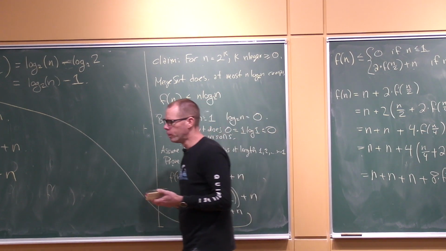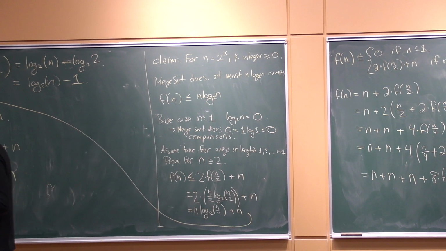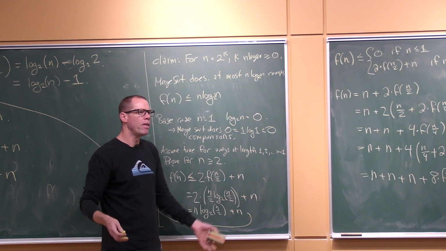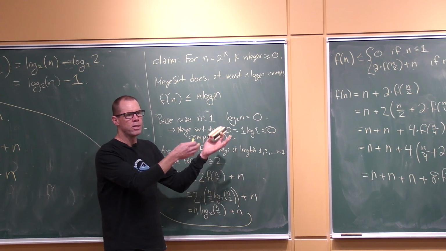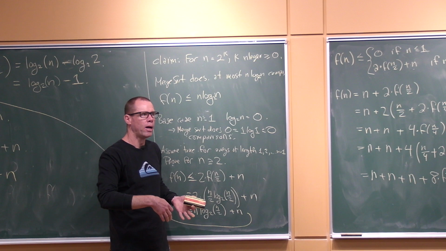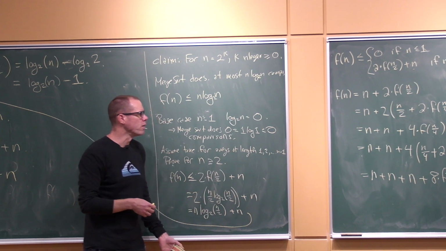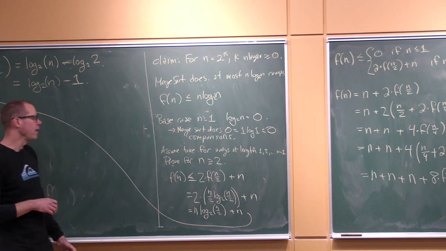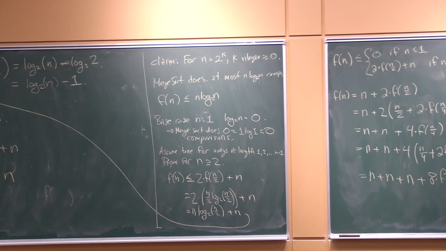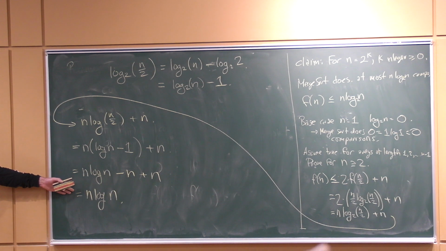So everything that MergeSort does, splitting the list into two is not more work than just the comparisons that are done when you merge the two resulting sorted lists. So ultimately, everything in MergeSort you can charge back to some comparisons, and so this is really the running time.